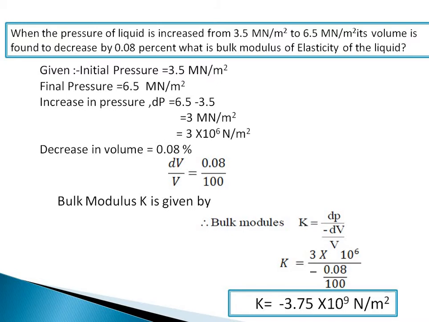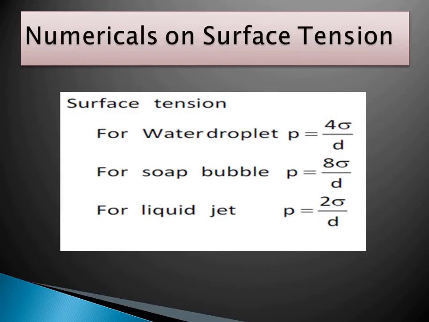This indicates that from this given formula, if you calculate the compressibility, it comes as 1 divided by 3.75 into 10 to the power 9. So it is approximately equal to 3 into 10 to the power minus 9. So from this it is clear that the compressibility for this liquid is very small. So the liquid is incompressible, or not easily compressible.